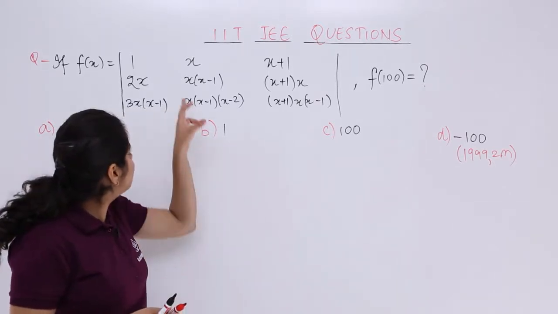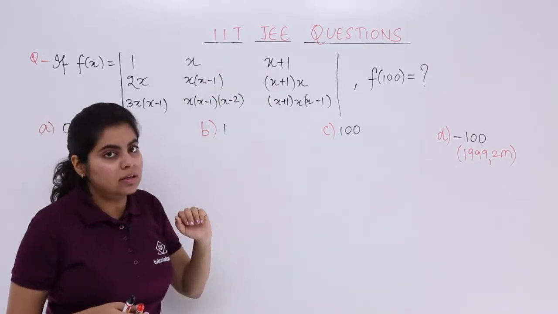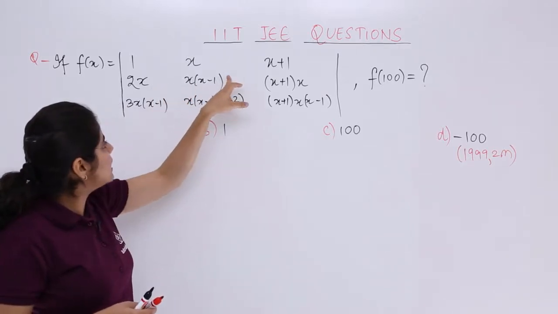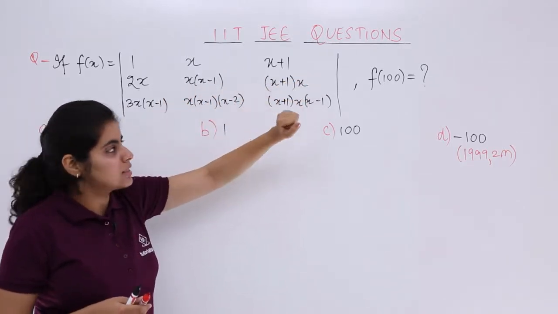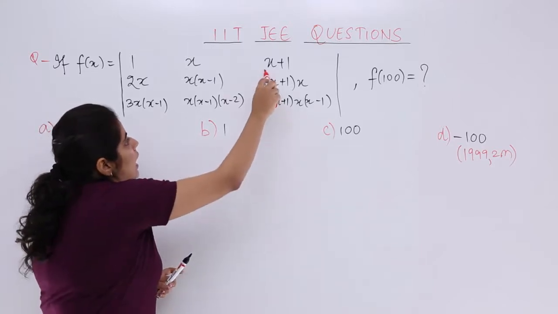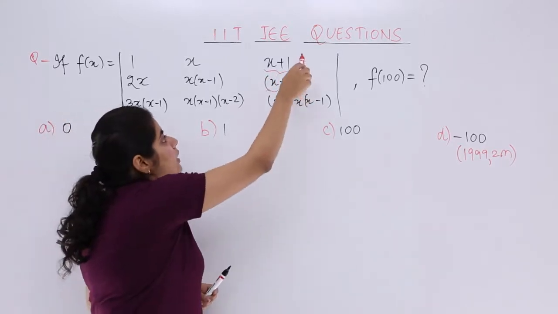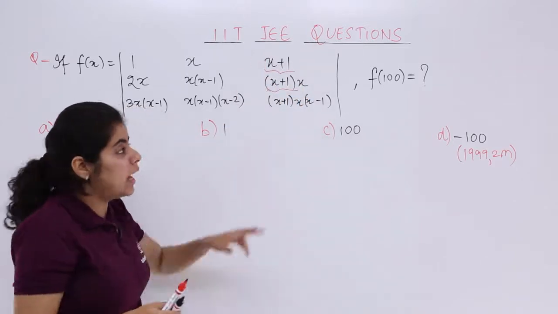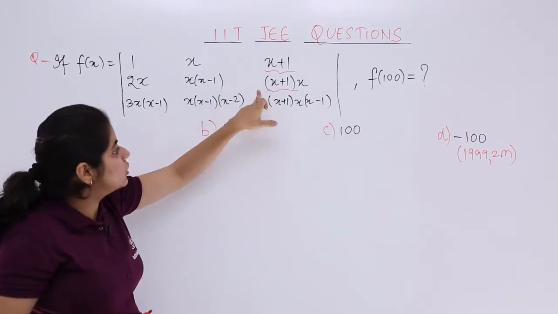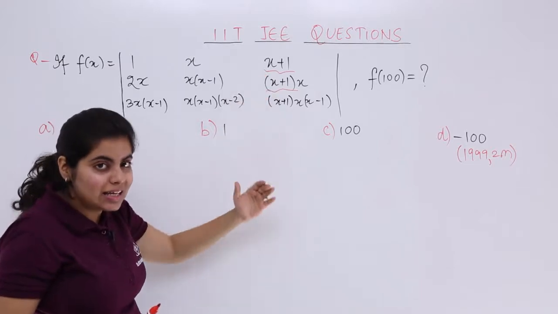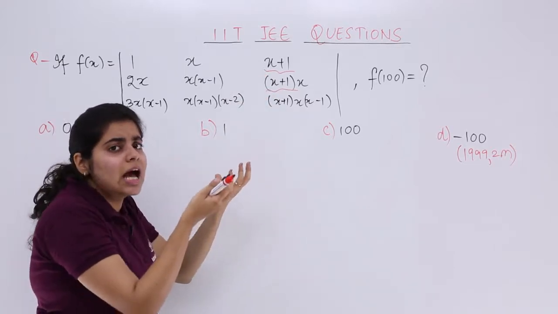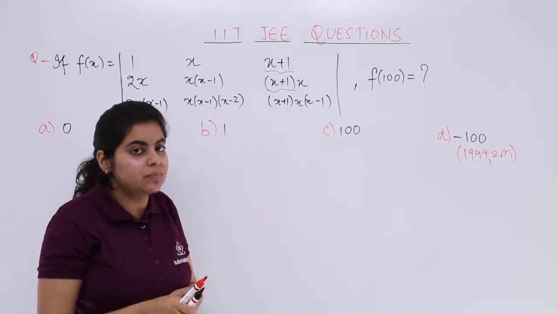Now you know that you have x plus 1 here, then 2x, x minus 1, x plus 1 into x. That means you see x plus 1 is being repeated. That means what is in the first element here is actually being repeated. The second element is having a part of the first element.